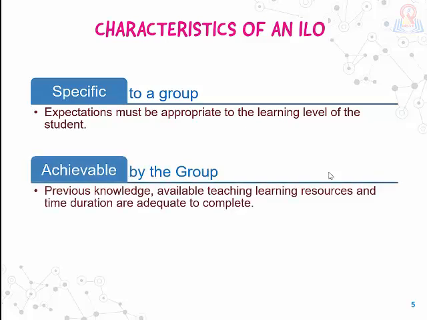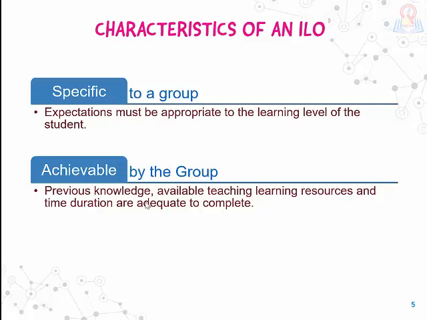The second important characteristic is achievable. If you propose some content which is above their heads or which they cannot manage, or they may not have the previous knowledge to cope with, we must avoid this. So whenever you write a good intended learning outcome, we must be very careful whether the learners will achieve it at the end.